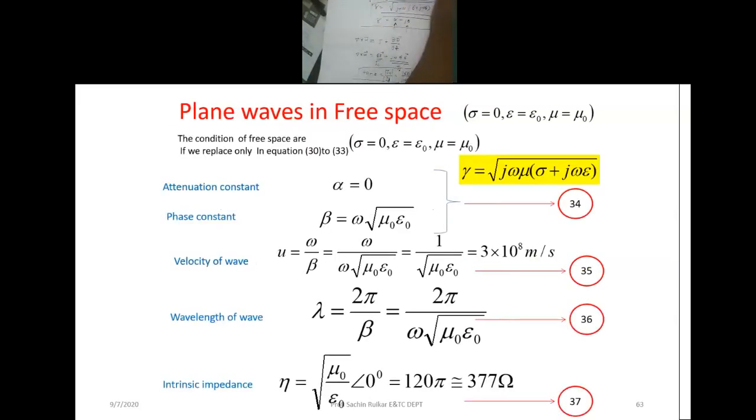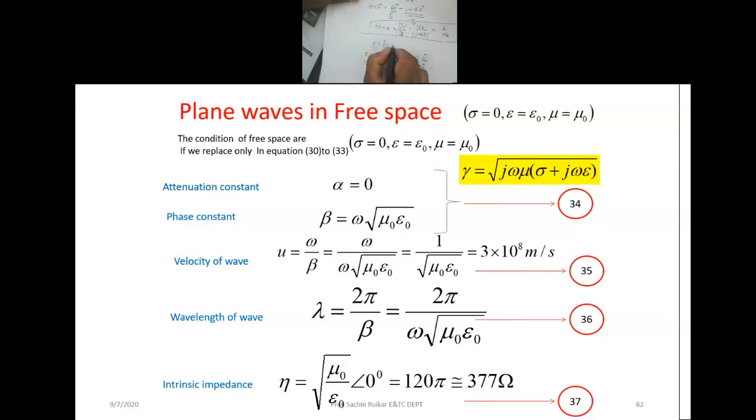We are saying eta is equal to E by H, and E we write as Ex0 into cos of omega t minus beta z, in the Ax unit vector. H is H0 cos of omega t minus beta z, in the Ay unit vector.